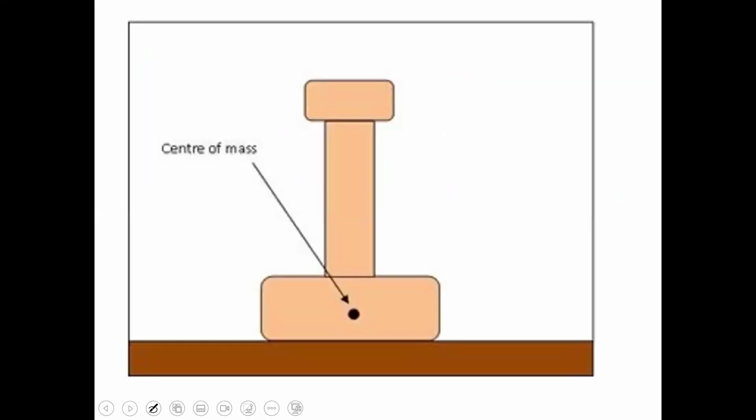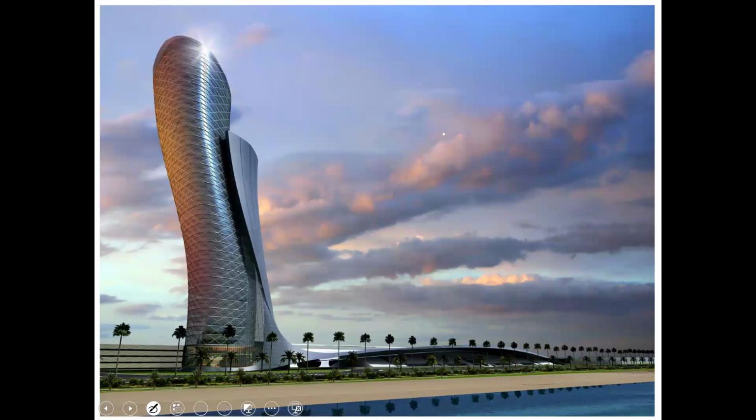Lower the CG, greater is the stability. Like this is an object with a heavy block base. This is a high-rise building, and the conventional buildings in the older design, they used to make high-rise buildings with the CG low, and lower CG used to provide greater stability.